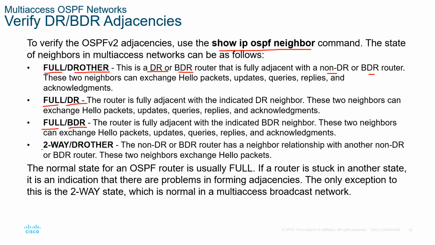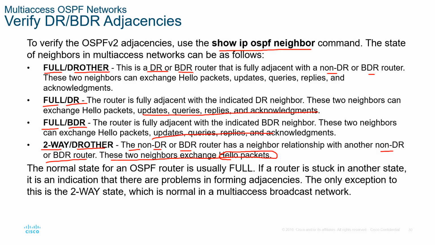But if it is 2-WAY/DROTHER, it means that the non-DR or non-BDR router has an adjacent relationship with another non-DR or non-BDR. So these two routers exchange only what? Hello packets. So you see, if it is related with either a DR or a BDR, it can send updates, queries, replies, and acknowledgements.